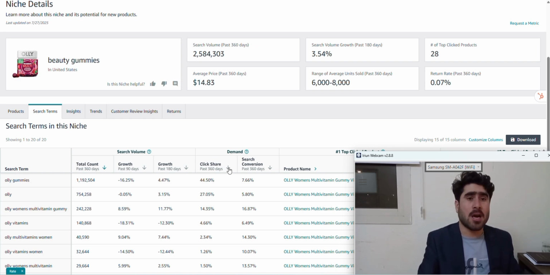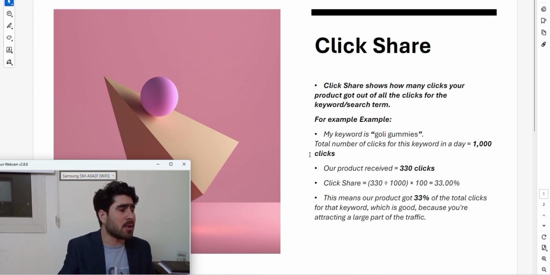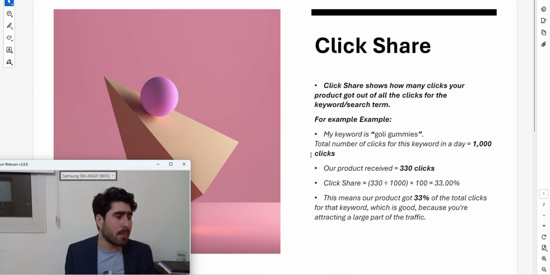So what is the meaning of click share? Click share shows how many of the clicks for the keyword search term our product got out of all the clicks. For example, my keyword is Goli gummy. The total number of clicks per this keyword in a day is 1000, and our product receives only 330 clicks.